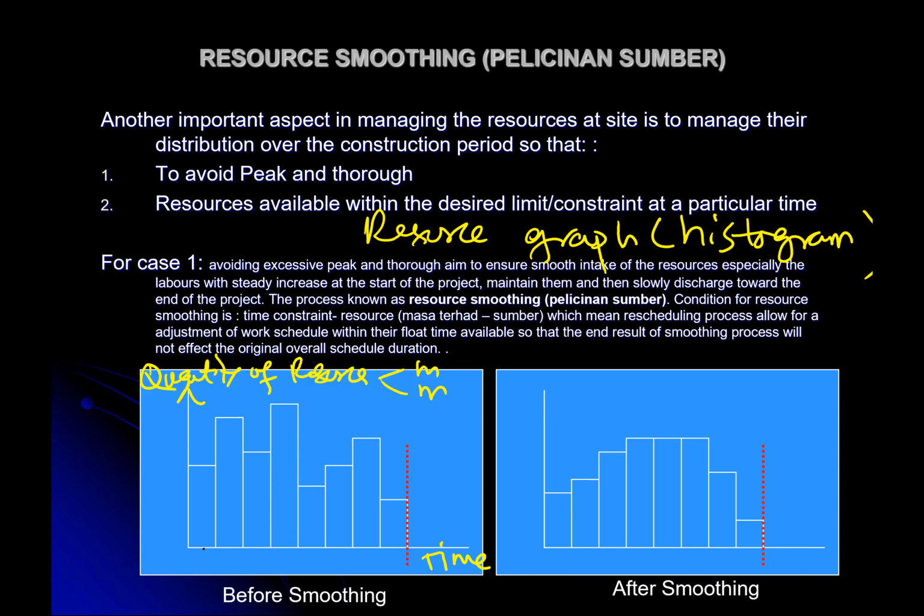Let's say this is month number 1, 2, 3, 4, 5, 6, 7, 8. We do the plotting, and you notice this is the quantity of laborers that we are going to use.